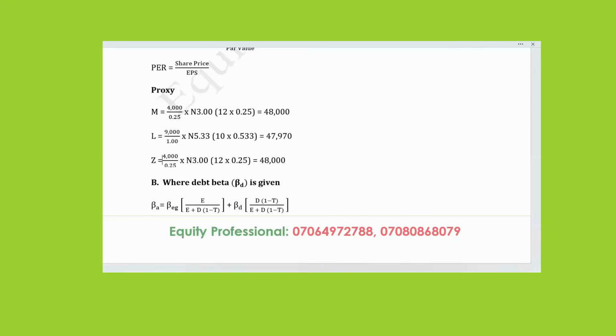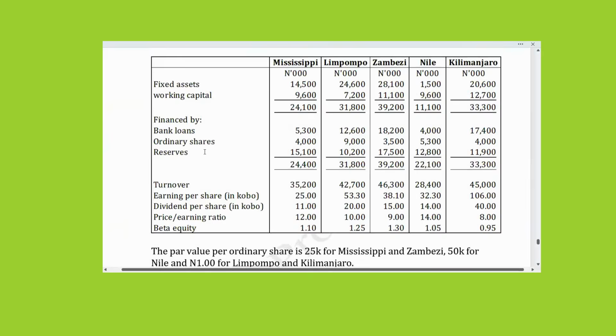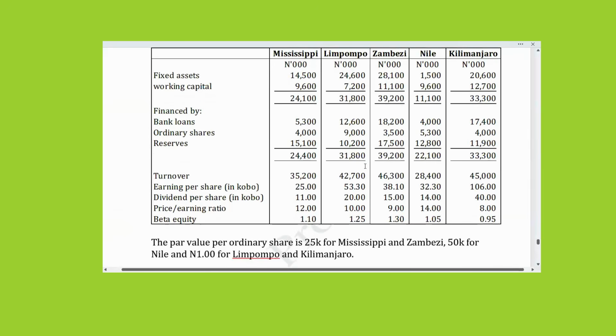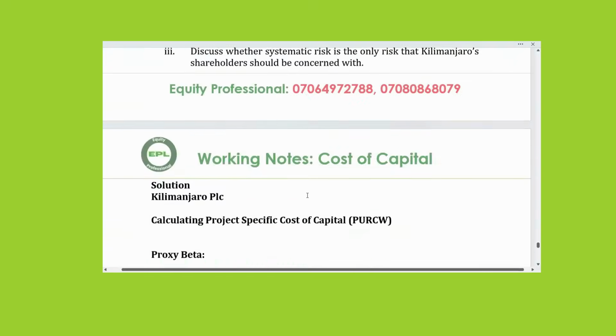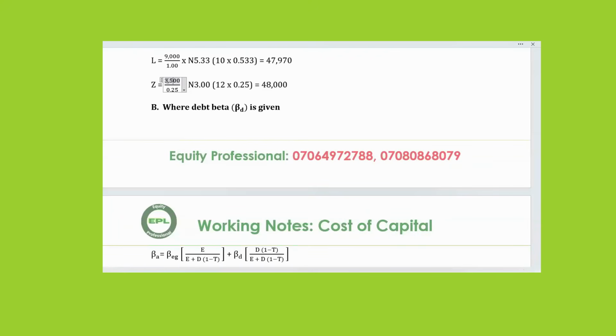The next one is Zambezi. All right. What is the share capital of Zambezi? Zambezi has 3,500. The price earning ratio is 9. The earnings per share is 0.381. Okay, so share capital 3.5. Then, of course, price earning ratio is 9.